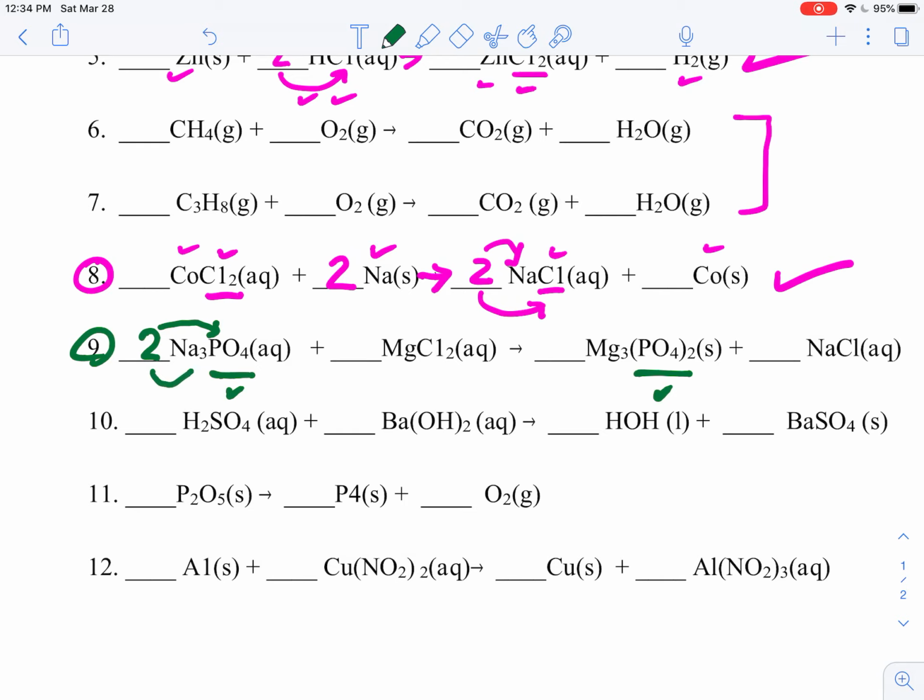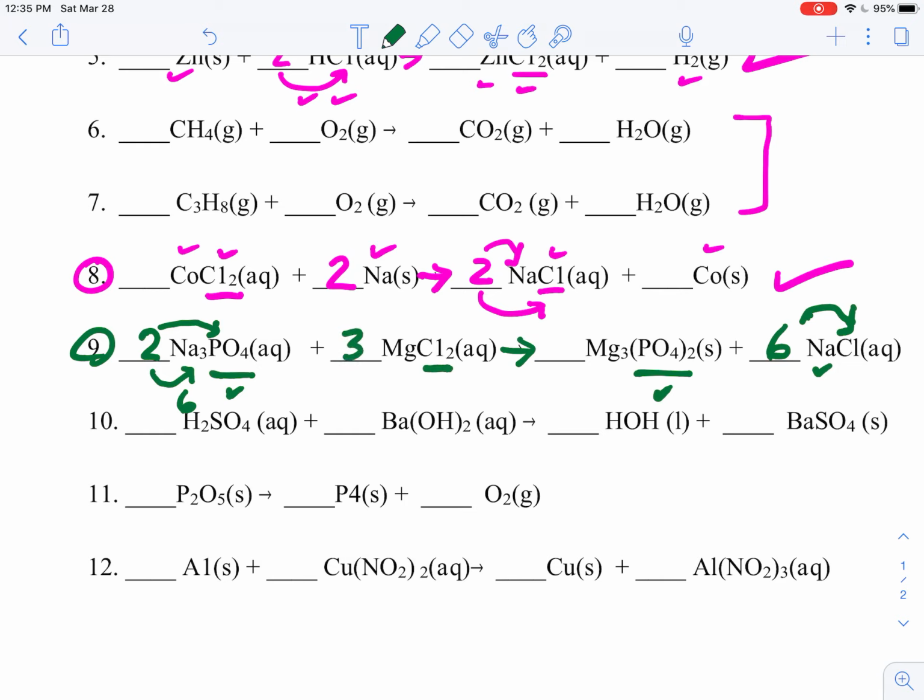But over here, when you write in that coefficient, it means we have 2 times 3, 6 sodiums. So I go to the right and say, now I have to make sure to add 6 sodiums. When you do that, it means I now have 6 chlorides as well. So I have to go over here and say, how do I make this side 6 chlorides?